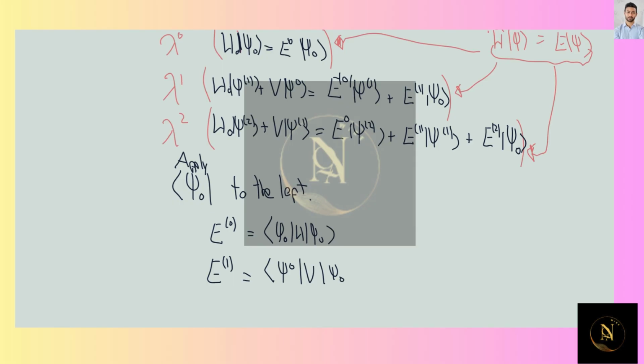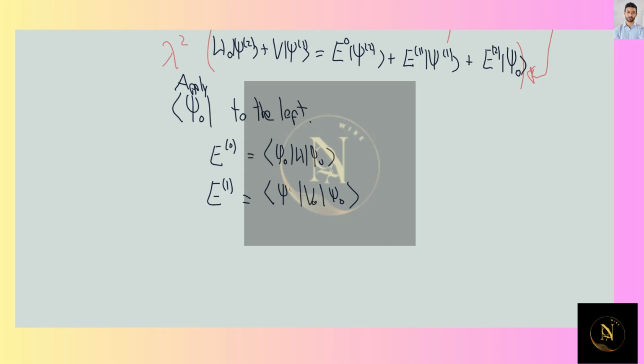And finally, the second order energy, which is going to be phi 0 times the potential times phi 0. Sorry, phi of the first order here.